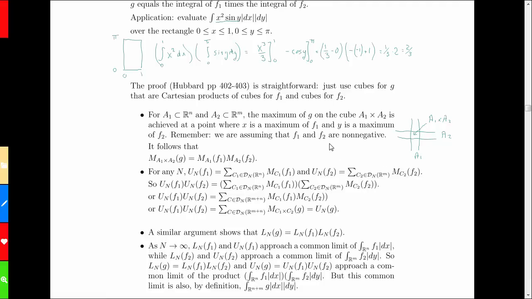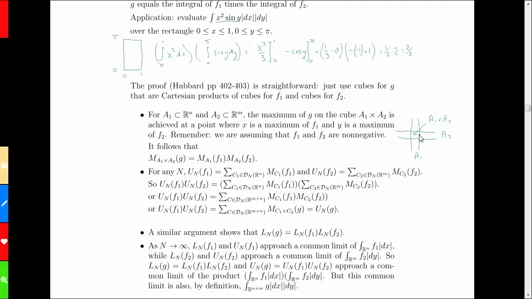Now, this theorem is simple to prove only in the case where f1 and f2 are non-negative, because in that case the way we get the maximum value of g on this cube is by choosing a value of x for which f1 has a maximum. Perhaps, for example, f1 is an increasing function of x, so it achieves its maximum on the right-hand boundary.